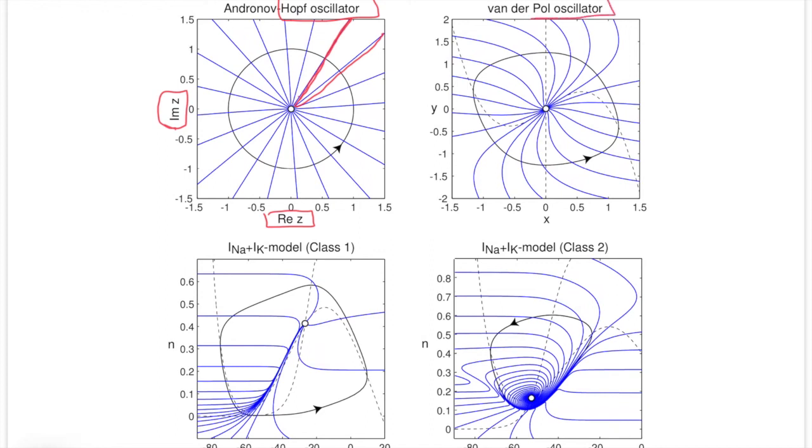The other one which we talked about was the Van der Pol oscillator, for which we also used the Brain Dynamics Toolbox.